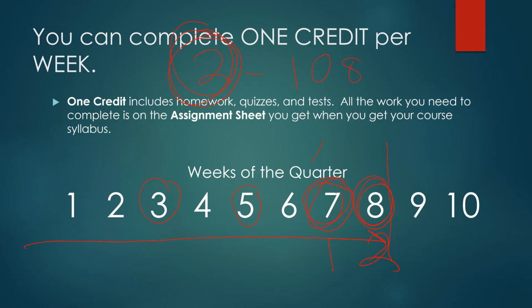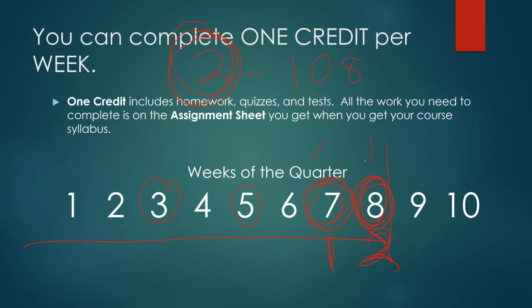Your first credit can be done in week 7 and your second credit in week 8. If you wait until week 8, you'll only be able to complete 1 credit because of the rule that you can complete 1 credit per week. This is really important, and you need to understand this to make sure that you get all of your work done in a timely manner so we can give you a grade for the number of credits you're registered for.